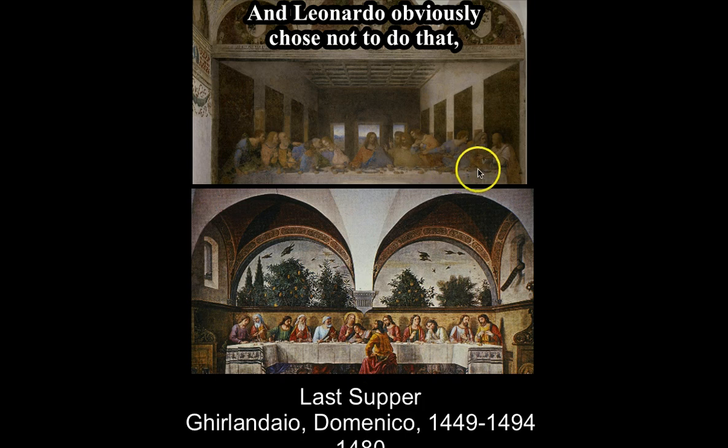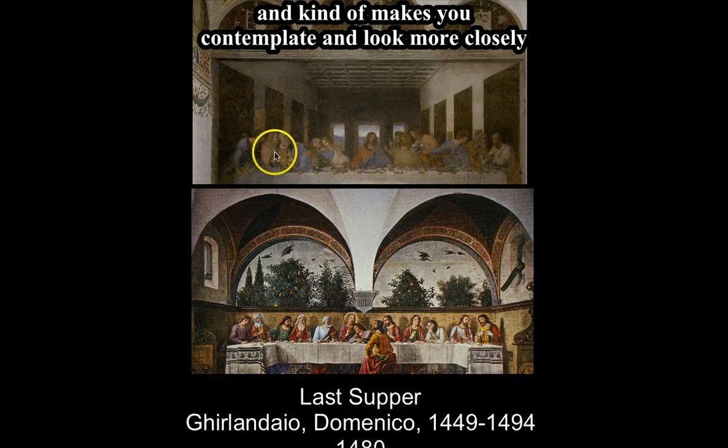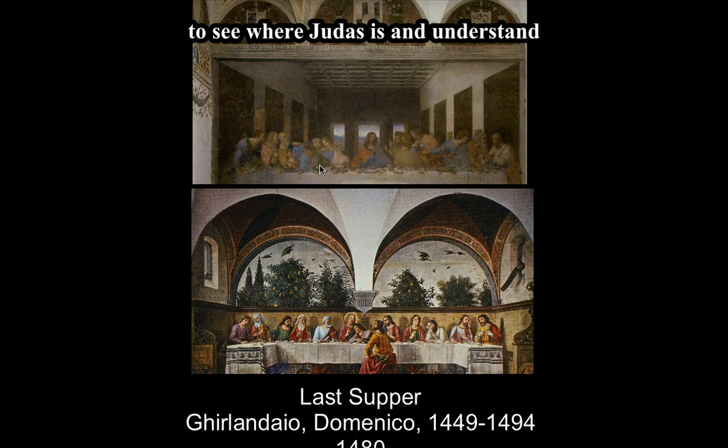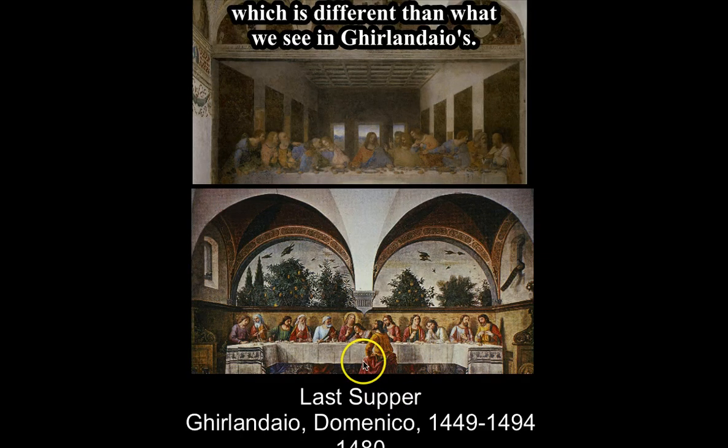And Leonardo obviously chose not to approach it that way, which certainly enlivens the composition and makes you contemplate and look more closely to see where Judas is and understand how and why he's reacting to Christ's words, which is different than what we see in Ghirlandaio's.